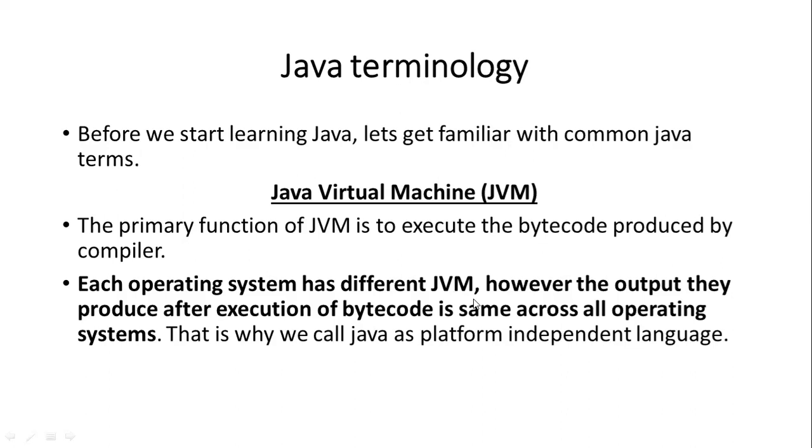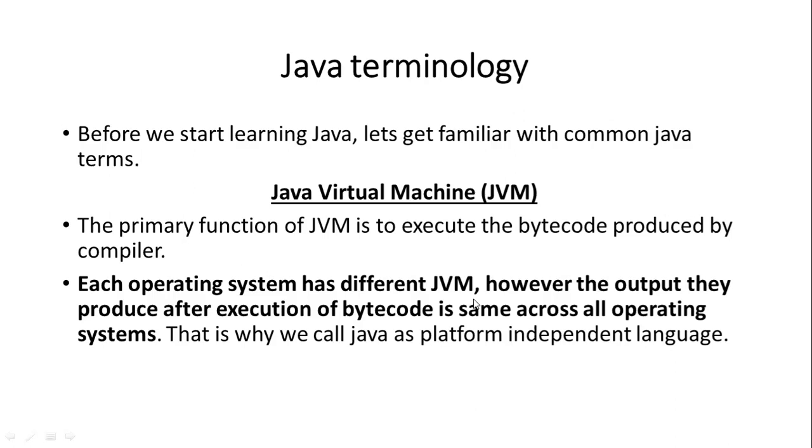The JVM provides the environment to execute or run bytecode. Each operating system has a different JVM. However, the output they produce after execution of bytecode is the same across all operating systems. That's why we call Java a platform independent language.